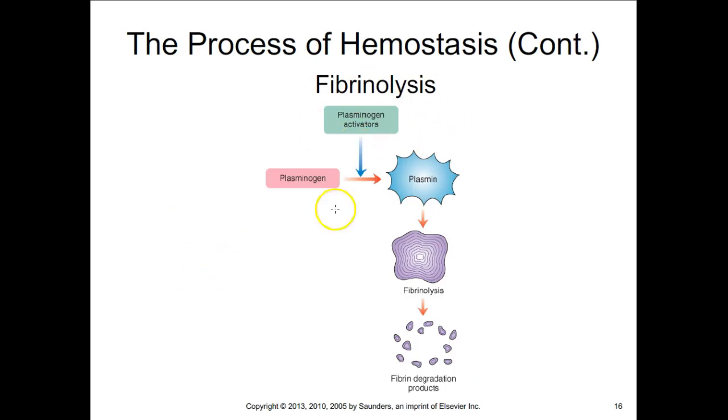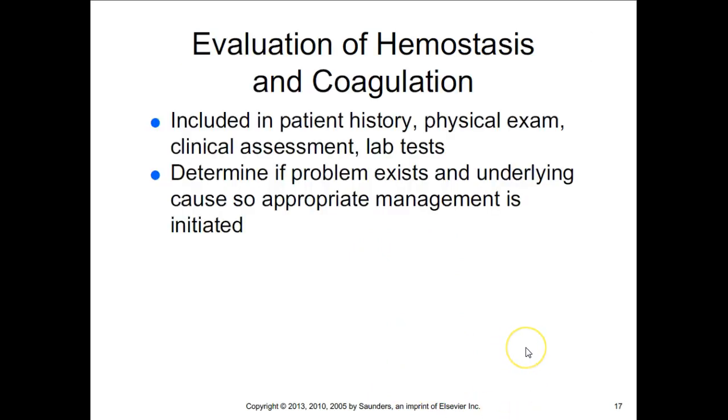All right, so here you can see fibrinolysis. The plasminogen activators take plasminogen, which again is released by the liver and is floating freely in the blood, and it's going to convert it into plasmin, and then plasmin is going to start this process of fibrinolysis, kind of degrading the fibrin clot.